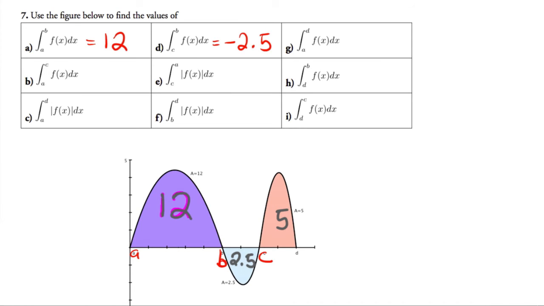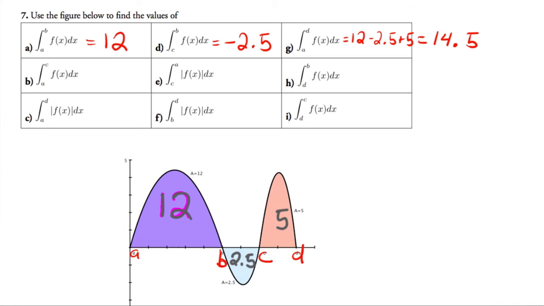And then from a to d, that's the entire thing. Well, this is going to equal 12 minus 2.5 plus 5, because this one is going to be negative, right? So this is 17 minus 2.5, that's 14.5.